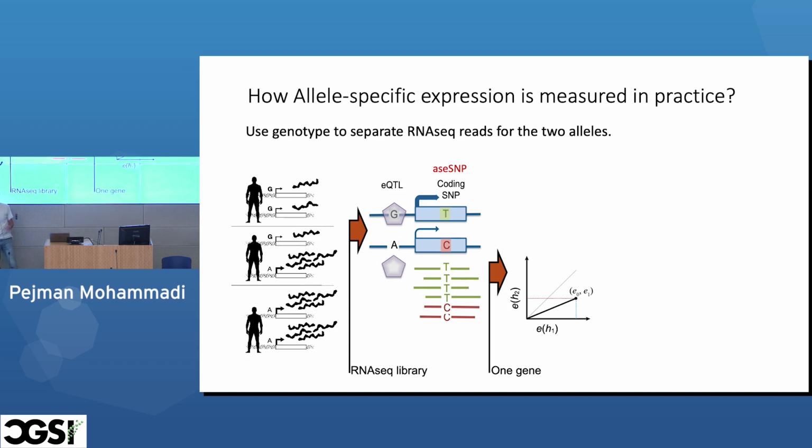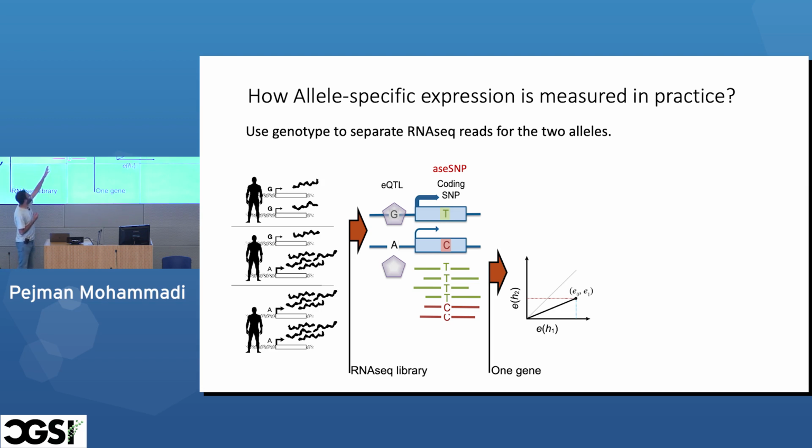Now, how do we actually measure allele-specific expression in reality? So in reality, the way it's measured is this. You have different people that have this sort of regulatory variation going on in them. At a given gene, this is what's happening. You have some sort of regulatory variant that is changing the expression on two haplotypes.